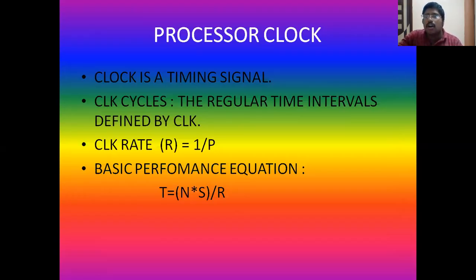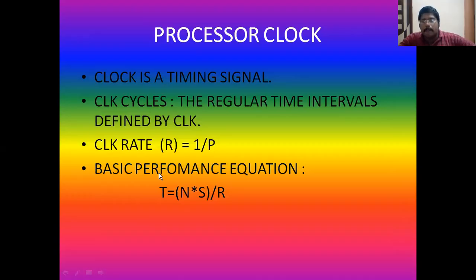If the clock frequency is less, then the time period for executing will be more, and the performance will be less. There is a formula for clock cycle and clock rate. Clock rate R is equal to 1 by P, that means 1 by the clock period.